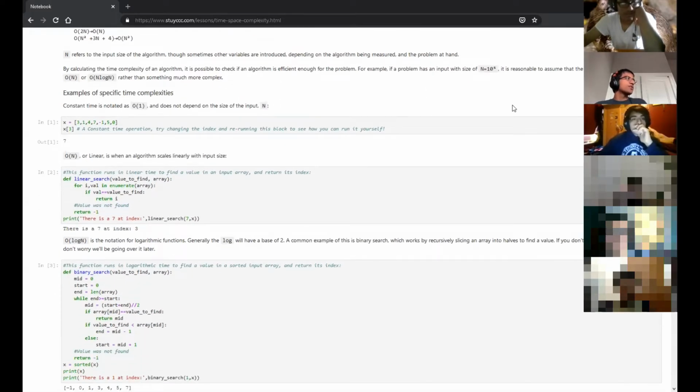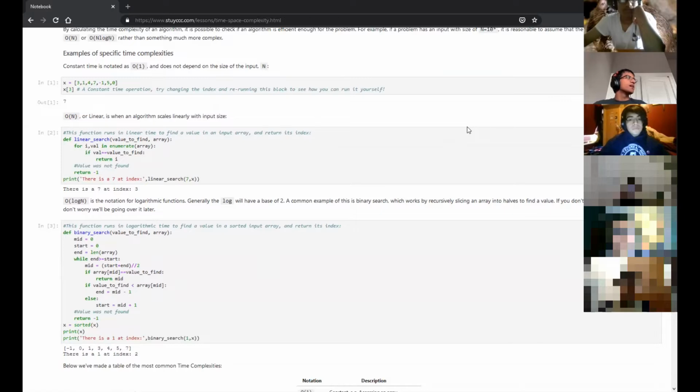So what we're going to go over now is some examples of specific time complexities. As always, if you have questions, you can unmute and ask, or you can ask in the chat. So constant time is notated as O of 1, which means that no matter the size of the input of the algorithm, it always takes the same amount of time, the same number of operations, which is 1 or a constant number of operations.